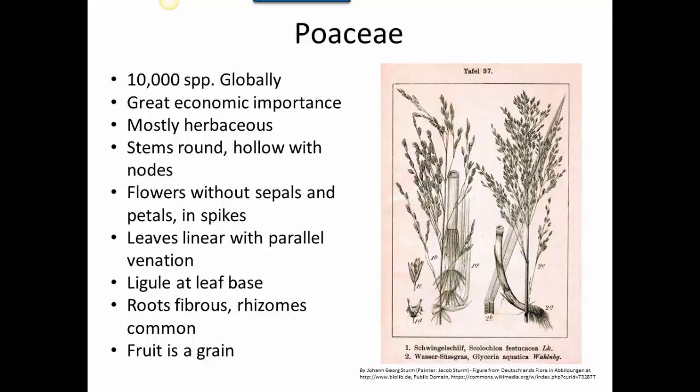Their stems are round and hollow, and you can see that if you look at this section through this stem. So the grass stems are hollow, and they have nodes, and you've probably seen these nodes before in the grass stem where the stem sort of gets a little bit fatter. So that's what the node is on a grass stem.